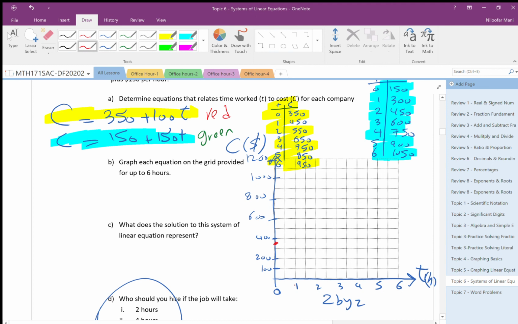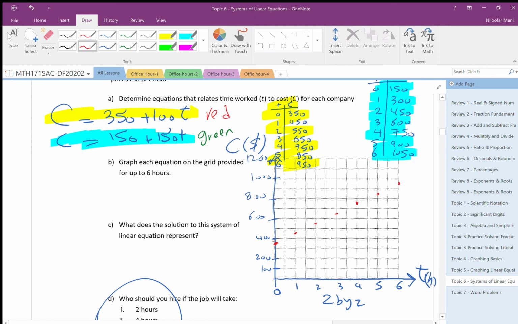And then 1 and 450, 2 and 550, 3 and 650, 4 and 750, 5 and 850, and this one, 6 and 950.